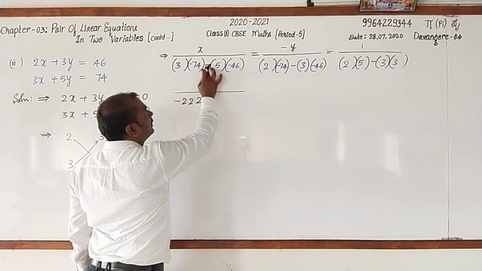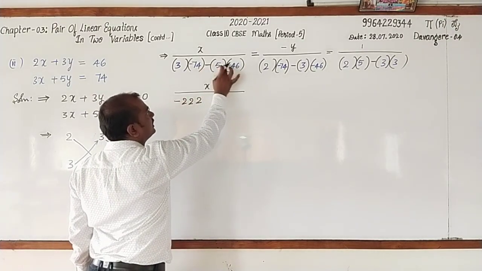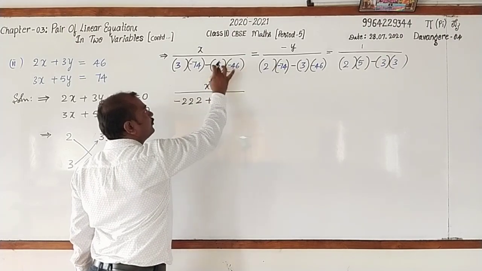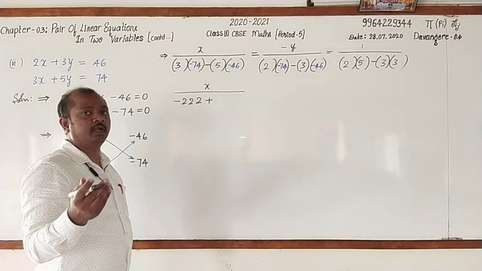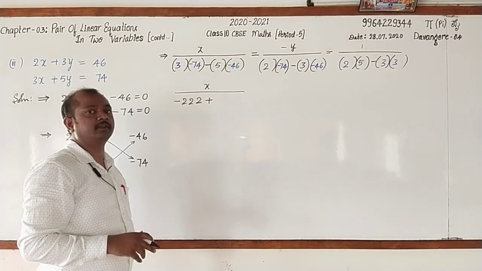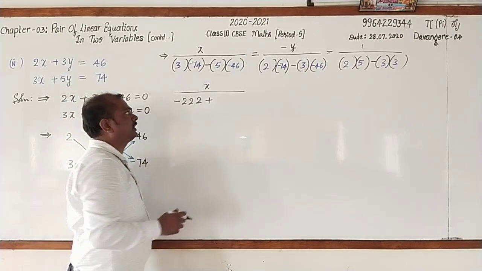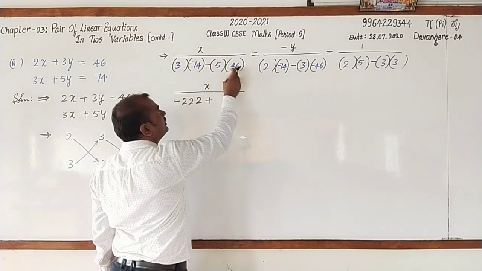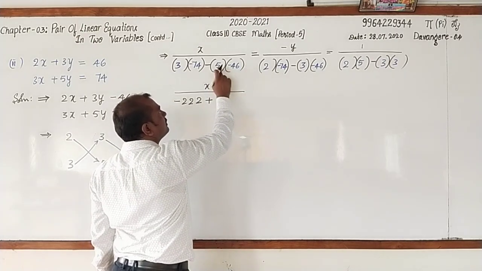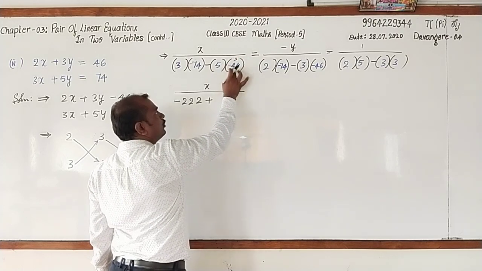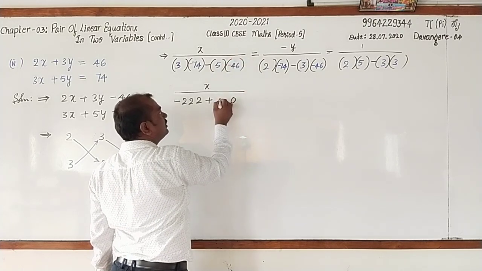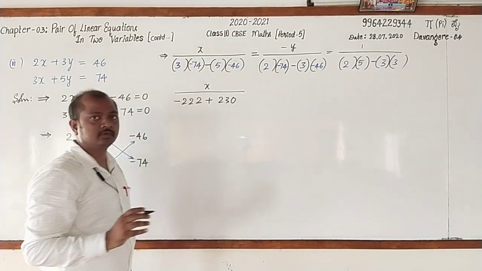Next, multiply minus and minus, minus into minus is plus. 46 times 5: 46 tens are 460, half of that is 230. Or else multiply both digits by 5: 5 sixes are 30, 5 fours are 20, 20 plus 3, 23. Got it?